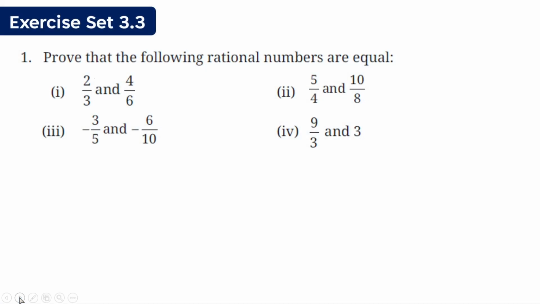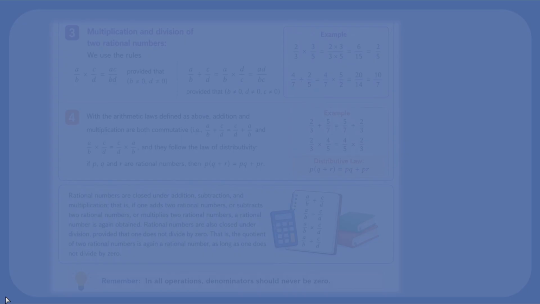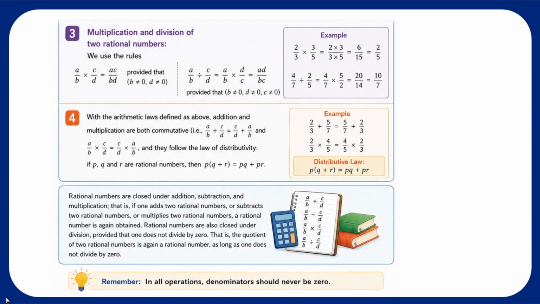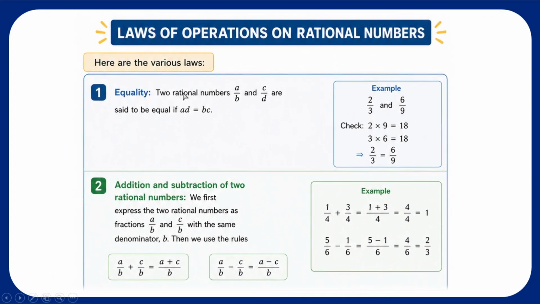Exercise 3.3. The first question is, prove that the following rational numbers are equal. So we just go back to the previous laws. The first law, wherein we had the equality law. The two rational numbers a over b and c over d are equal if a times d is equal to b times c.